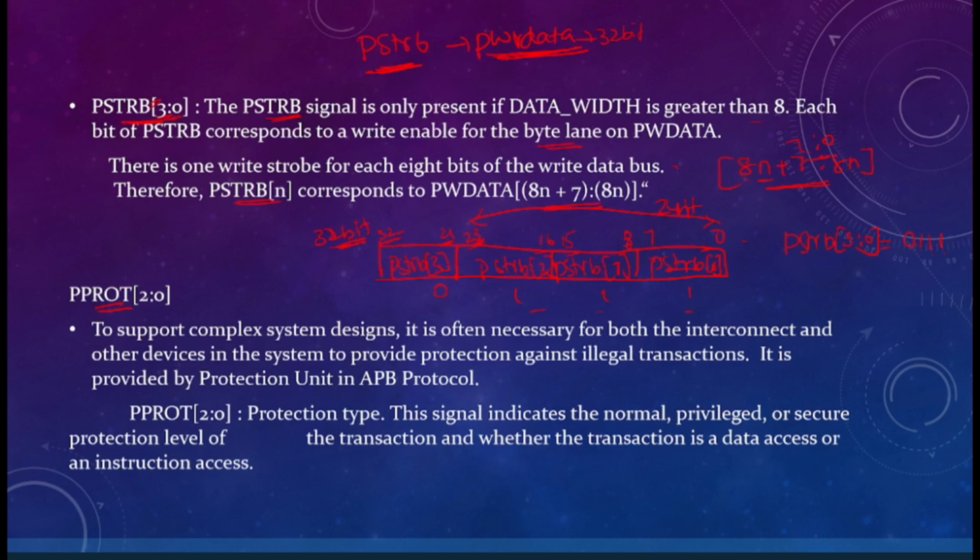Okay, so it is only for writing, not for reading. When you are writing the data, in order to know how much width of data you are taking: if PSTRB is, for example, 0, 0, 1, 1, then it is using only 16-bit data to transfer. Similarly, if it is 0, 0, 0, 1, then it is using only bits 0 to 8.